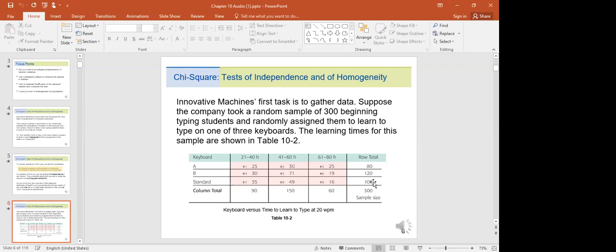So the time it takes to learn to type 20 words per minute is given here into three classes, 21 to 40, 41 to 60, and 61 to 80 hours. So 90 of the learners took between 21 and 40 hours, 150 took between 41 and 60, and then 60 took between 61 and 80.